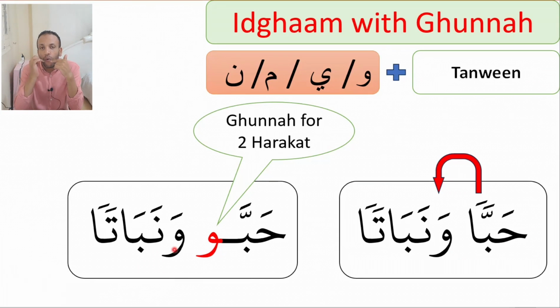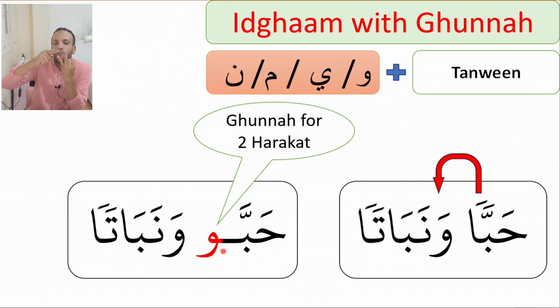The waw, oo, and the nasal sound. Habban. When you close the nose, you feel that the sound does not come in a normal way. Habban wa nabata. Here you need to prolong.